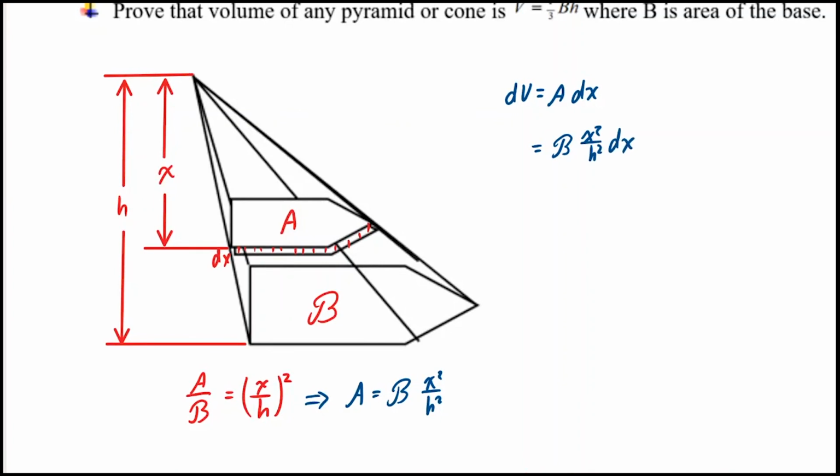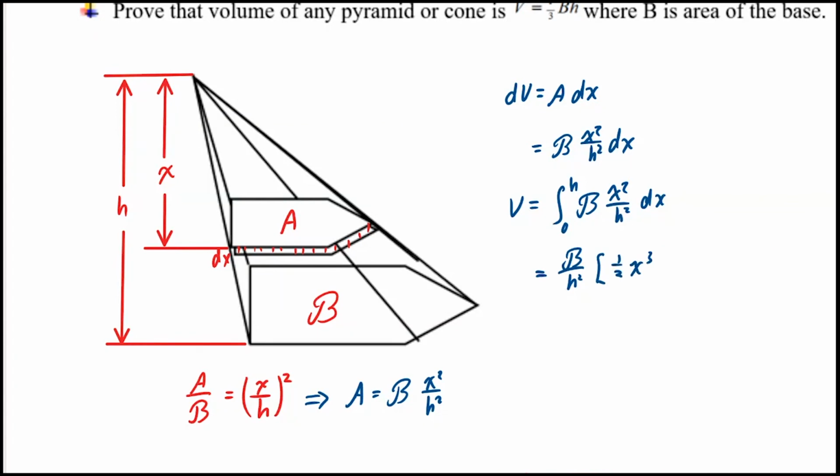That is my dV. So my volume will be from x, a vertical distance now, running from 0 all the way to h, of B times x squared over h squared dx. Taking B over h squared out as a constant, I will have x cubed.